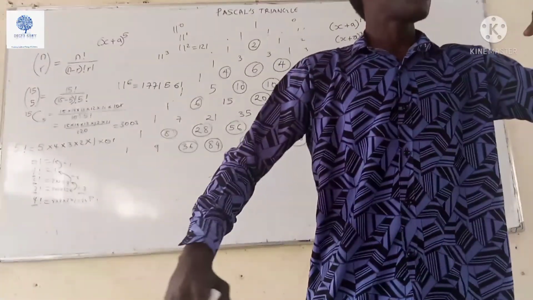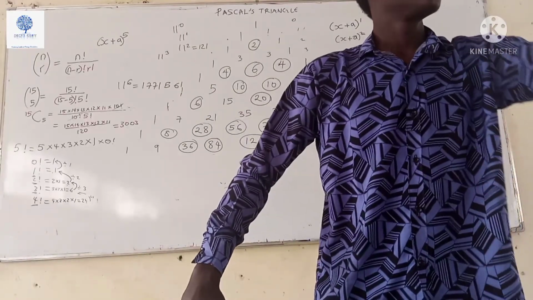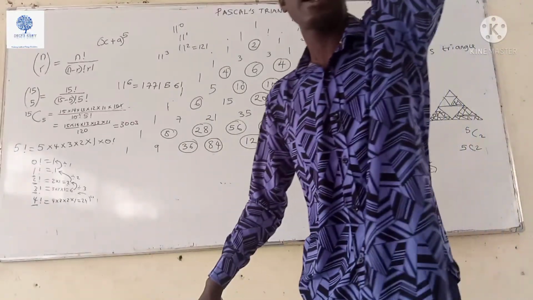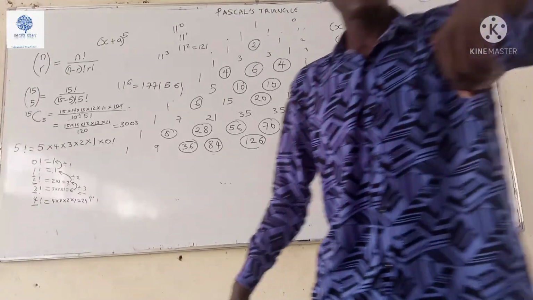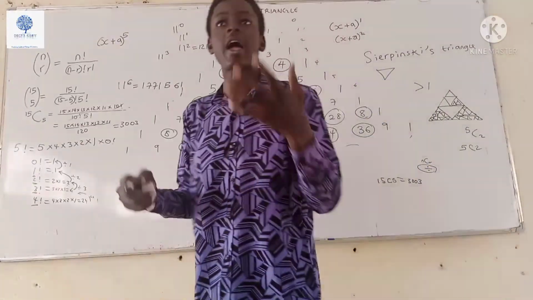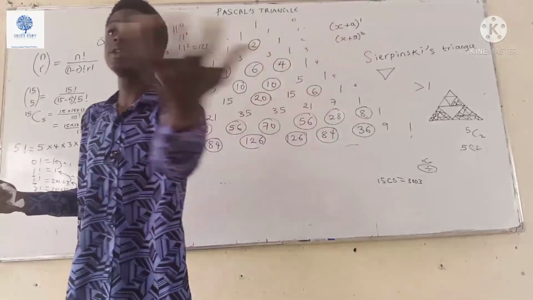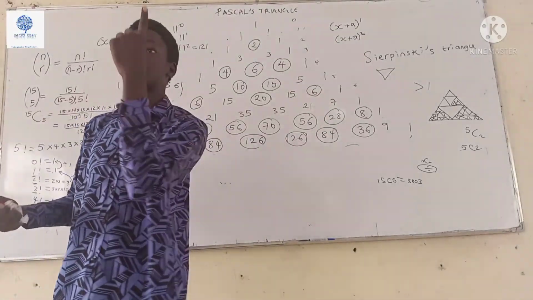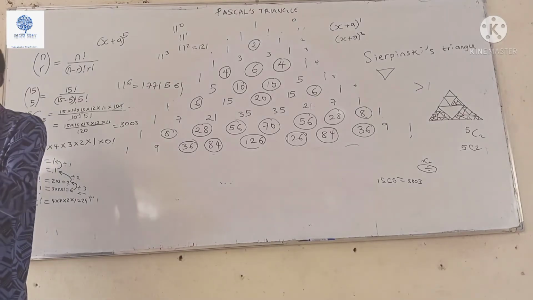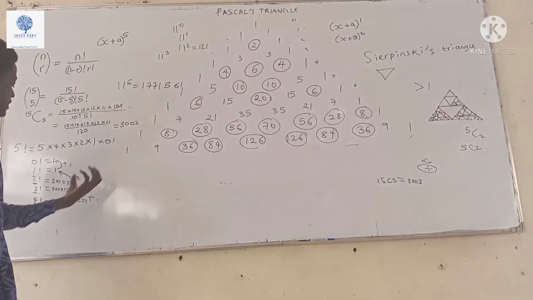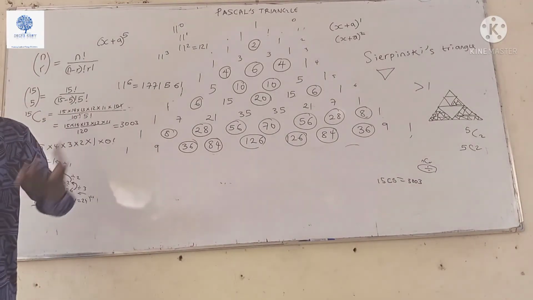Then I decide to pick this lady, this guy, but I will not choose that guy again; I will choose another person. If we are to pick 5 people from 15, even if it's just one person that is different from the other group, the number of different combinations we have is 3003.